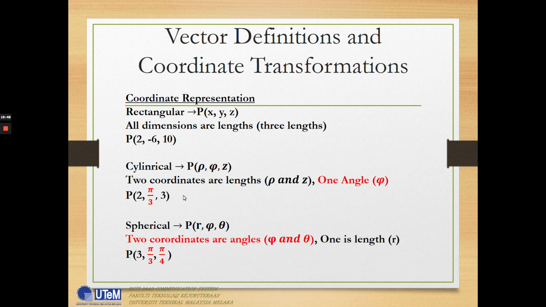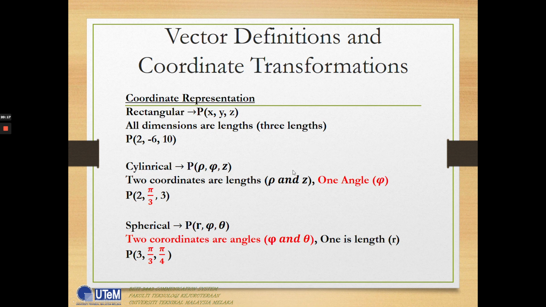So this is a clear way to distinguish, just by looking, without knowing much deep inside it. Once you see any coordinate given, you can directly identify which coordinate system it belongs to. If all three are only values and lengths, then it's from the rectangular coordinate system.